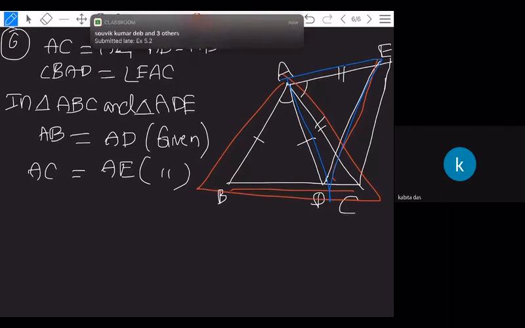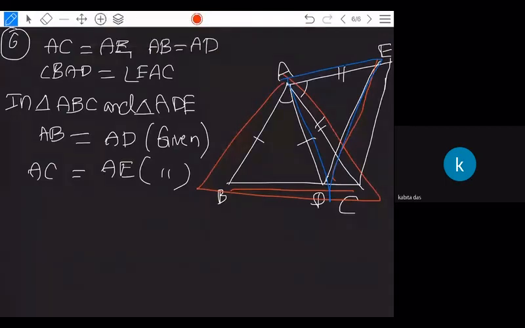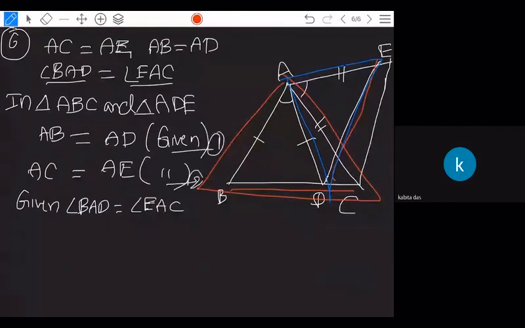It is given that angle BAD is equal to angle EAC. For both triangles, this is one part and this is the second part. The third is not directly given because angle BAD is not in this triangle.